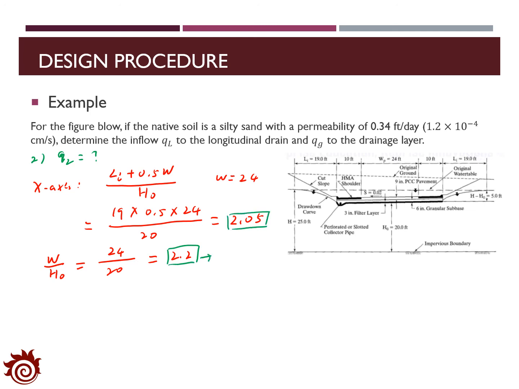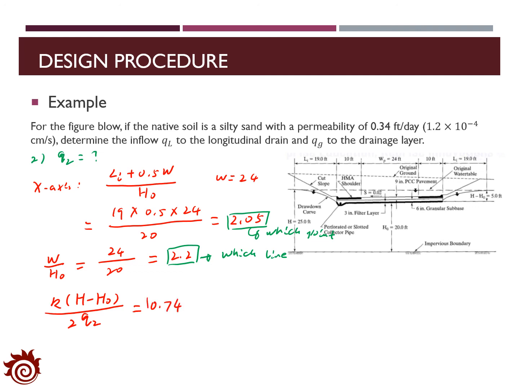we use this one to find out which line we're going to use, and we use this one to find out which point in the line we should choose. So with these two values, we can get the value of the y-axis as K times H minus H0 over 2Q2 equal to 0.74.